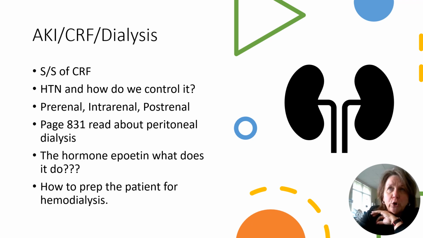So I want you to understand, why do we have hypertension? Well, that filter won't get rid of the water, so we're holding onto fluid, so we get volume overloaded. And then a volume overload is going to create hypertension, right?